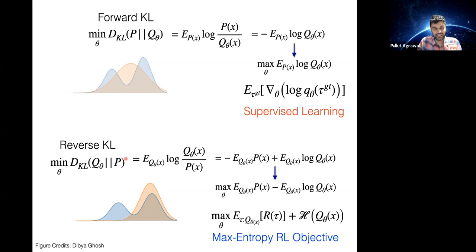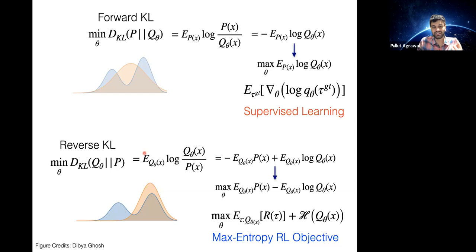So reverse KL in some ways is the max entropy RL objective. One way to think about it is when you're doing supervised learning, you're maximizing the forward KL, and when you're doing reinforcement learning, you are doing the reverse KL.